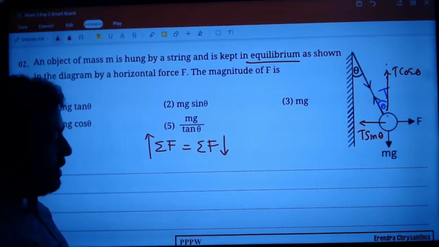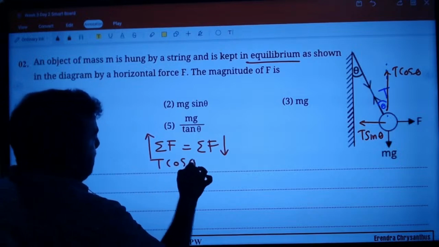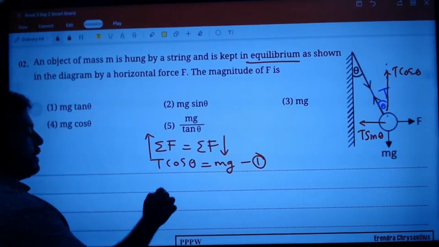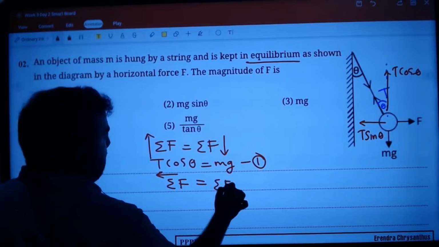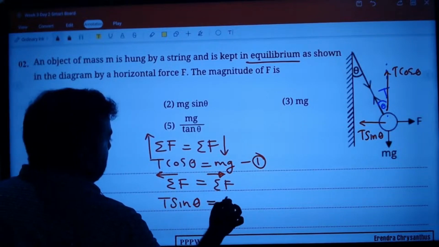T cos theta balances mg. I'll name this equation 1. Next, the sum of forces to the left balances the sum of forces to the right. T sin theta balances the force F.